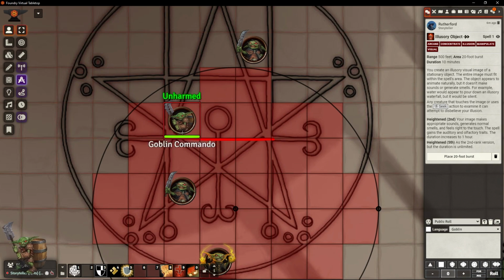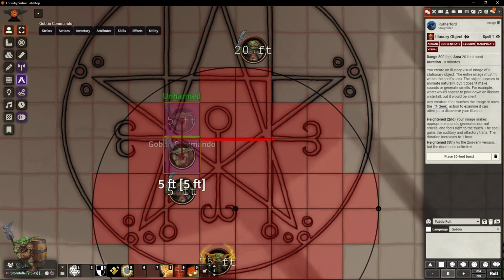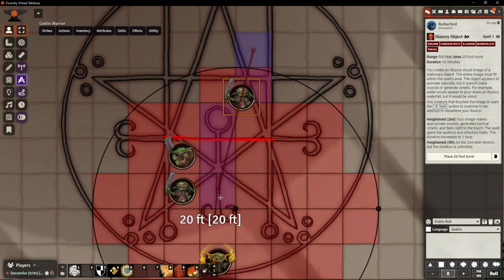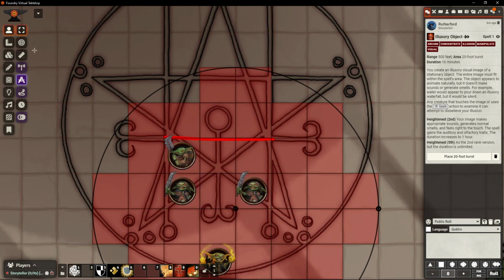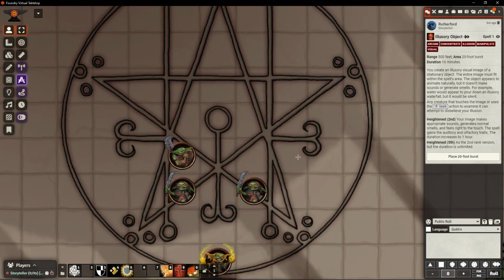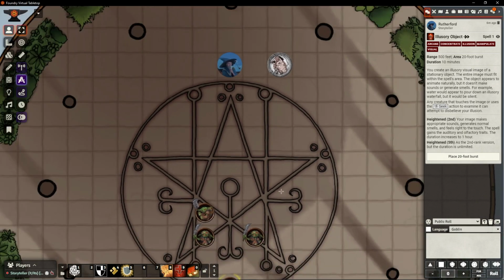But that will lose that action for him, and then when he successfully disbelieves, his second action will take him through the wall. That's the big thing that I've seen that people don't tend to wrap their head around, is that knowing something is an illusion is not the same as disbelieving it, and is not the same as being able to treat it as if it were an illusion. It just means that you know that you should be disbelieving it.